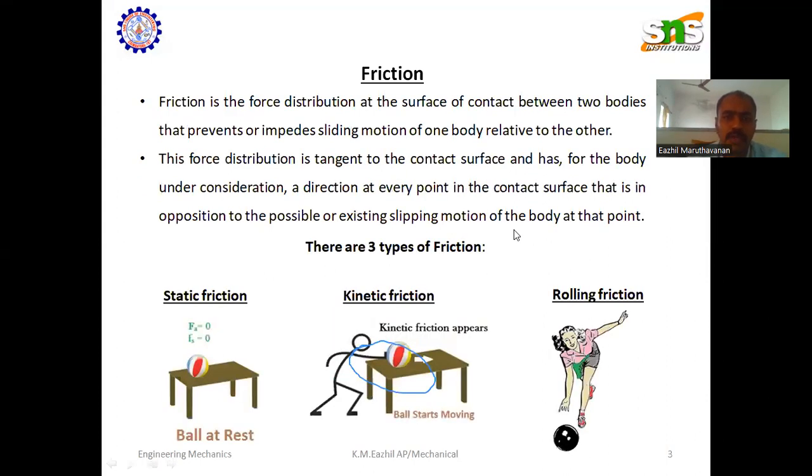Friction is the force distribution at the surface of contact between two bodies that prevents or impels sliding motion of one body relative to another.